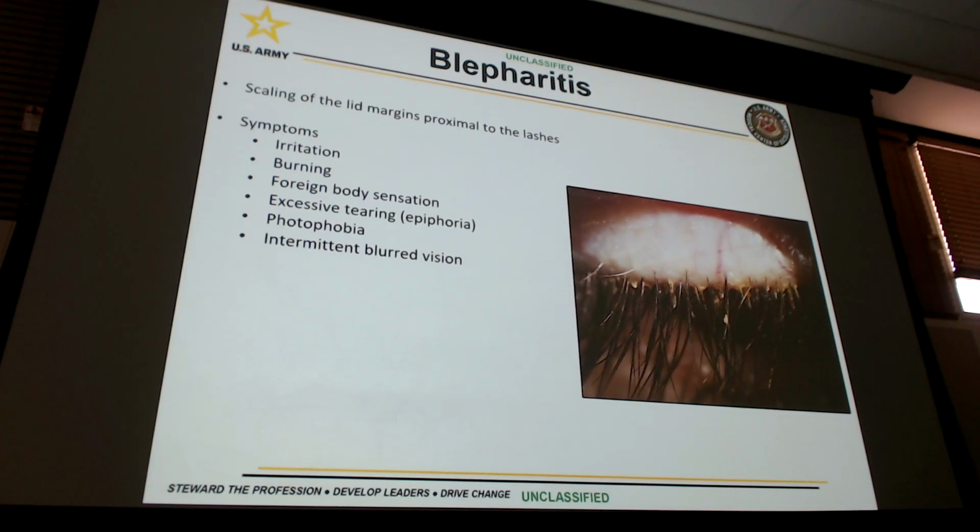There's a mite called Demodex that will burrow its way into your eyelids and along the lash margin, and it will gorge on all of the deliciousness inside of there, and then excrete itself along the lid margins. And those cones around the lashes is that waste product from Demodex.